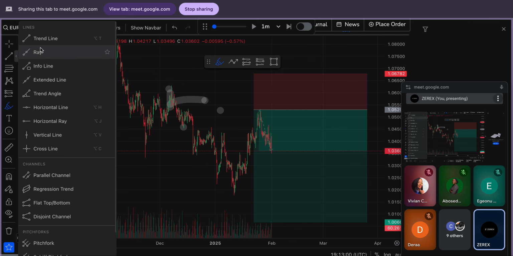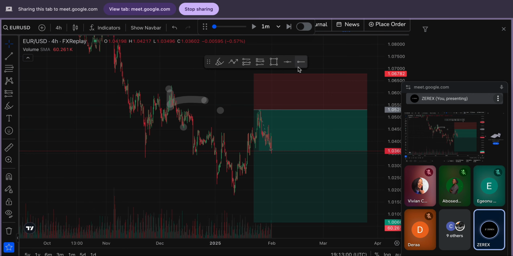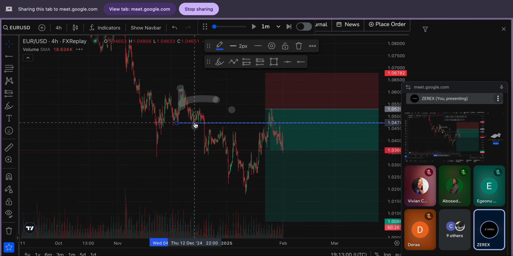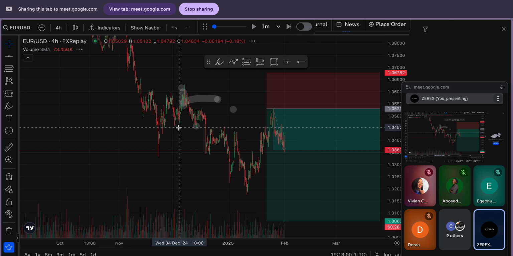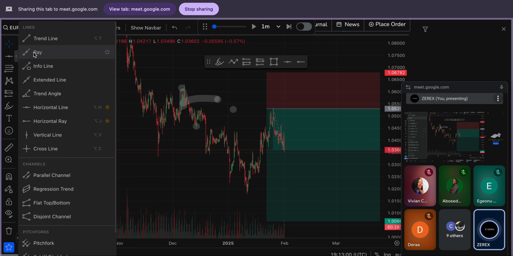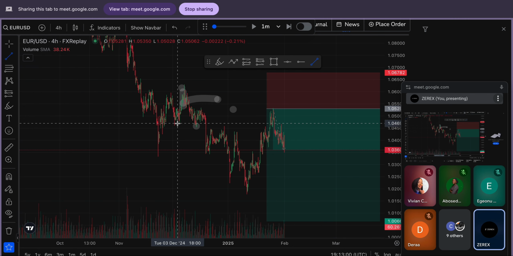Okay, I have to take my horizontal line and horizontal ray. This is the high that led to the low that caused a change of character.